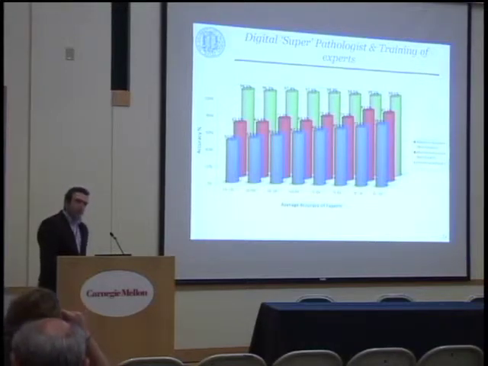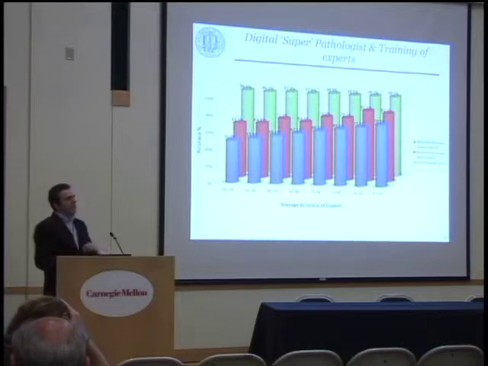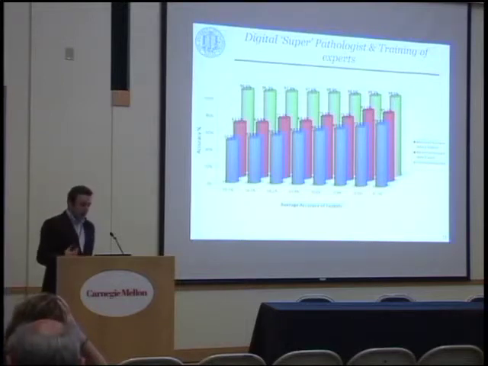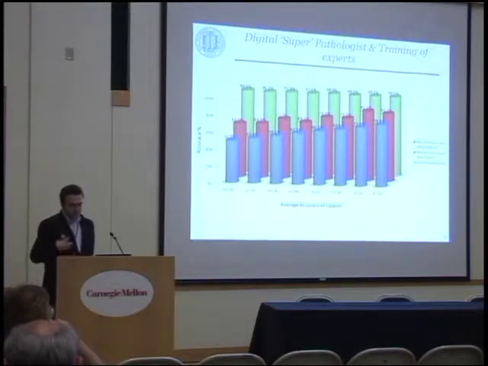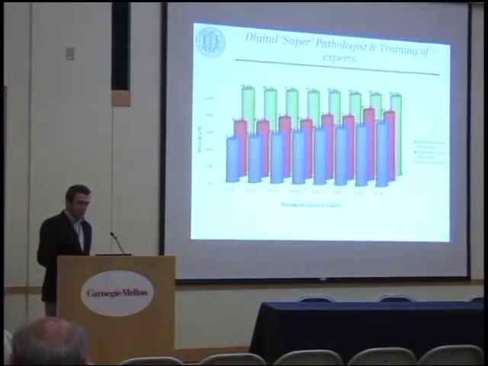This may not scale up for the United States, and that's not what we're aiming for. It may very well scale up for resource-poor countries where maybe there are a couple of pathologists per country. There are literally small countries like that, where there's an immediate shortage of certain expertise. That's why these digital super pathologists could be quite useful.